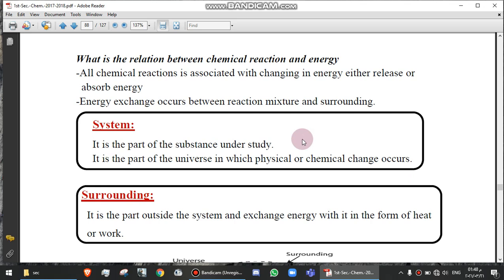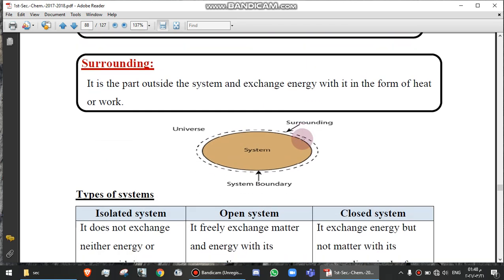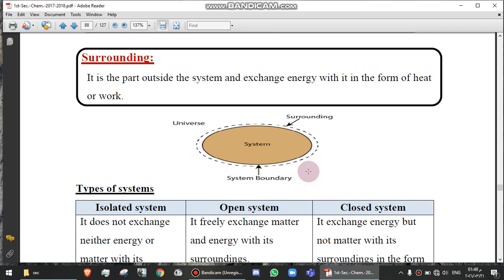If we have two substances A and B react with each other, A and B are called the system, and outside of this system is called the surrounding. Okay, as in this figure, the system, the outside called the surrounding, and the beaker or flask is called the system boundary.